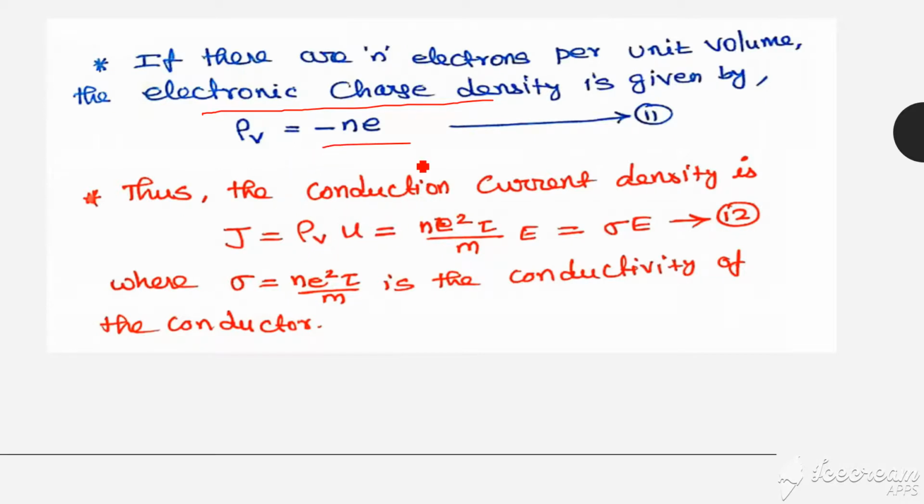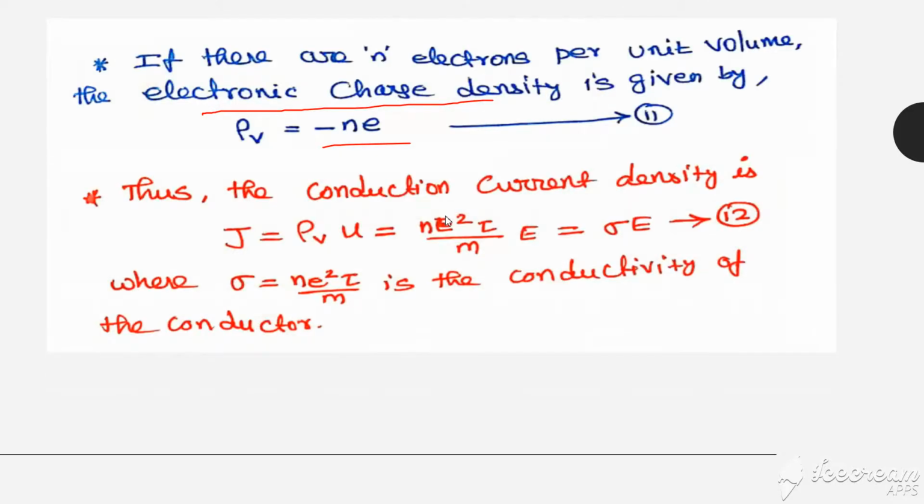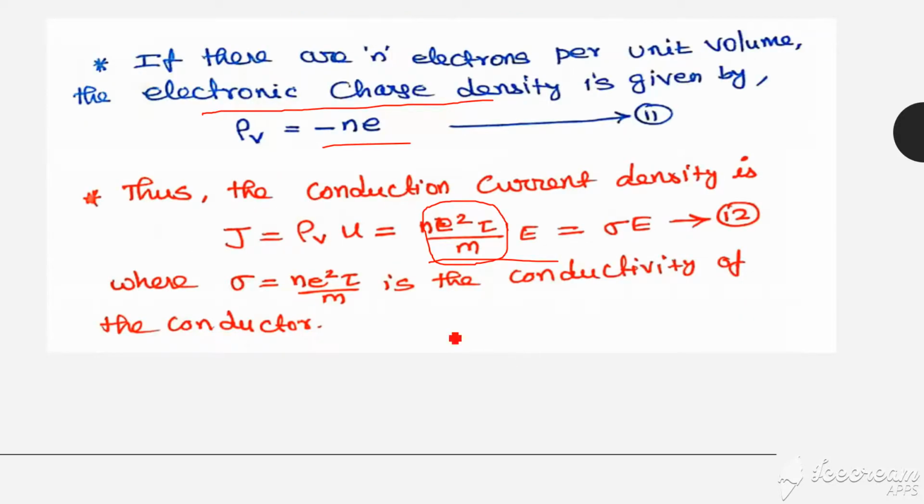Rho v value is this one, u value we already derived, u is equal to minus e tau divided by m into E. While substituting these two values, we get this expression. So in that we select this value as sigma. Sigma is nothing but conductivity, n e square tau divided by m, the conductivity of the conductor. So this is the conduction current density.